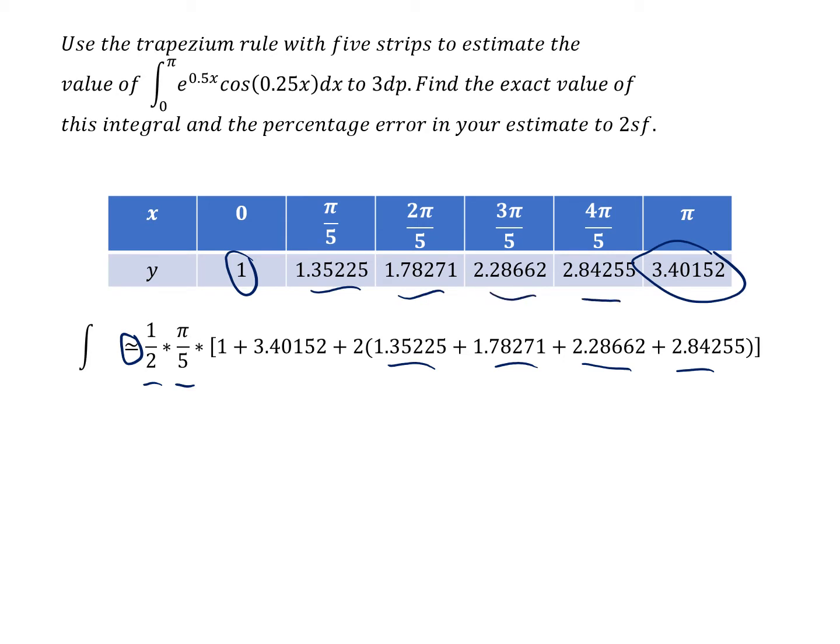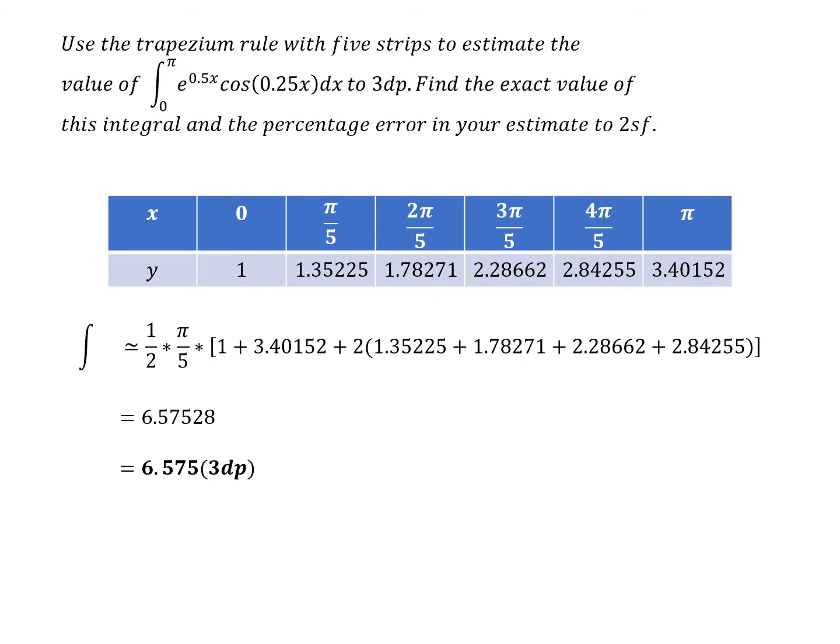When we put that into our calculator, we get this number here, which I'm retaining to 5 decimal places because when we move later on to look at the percentage error, I'm going to be using a more accurate value of that estimate. But for now, to answer the question, to 3 decimal places, that's the answer.